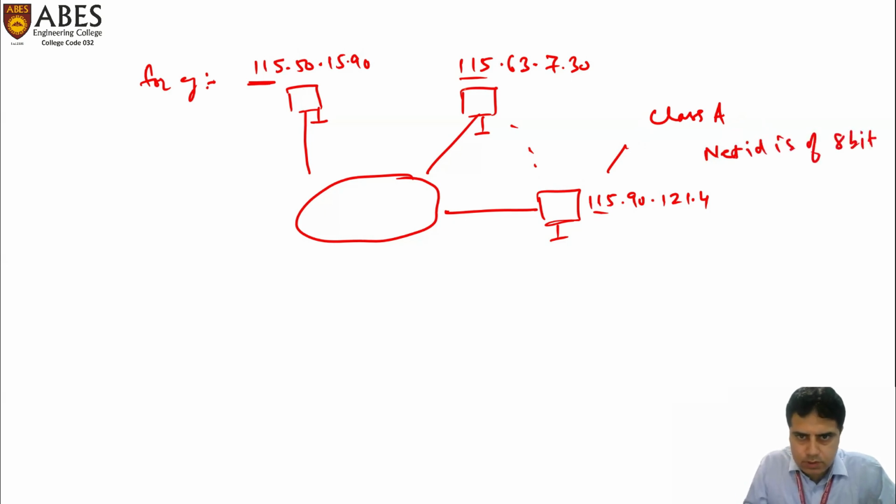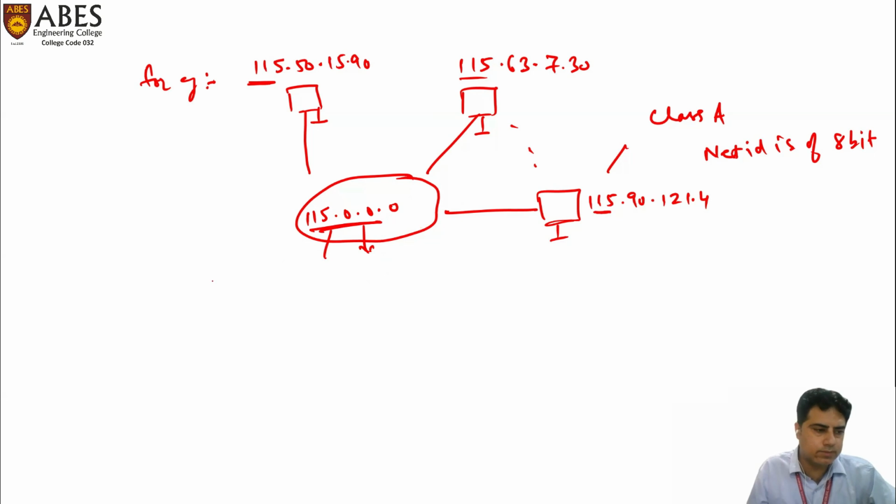So the first block represents the network. So the network address for this network is 115.0.0.0. So this IP address will represent this network of an organization for the outer world.